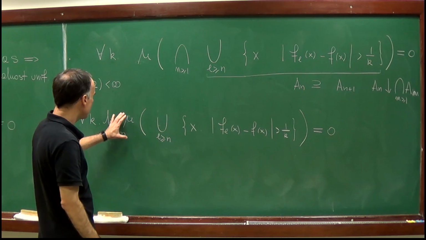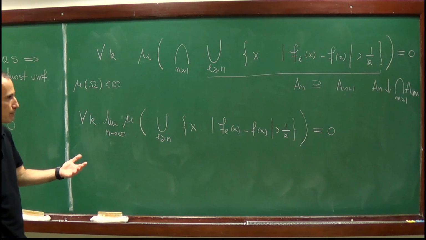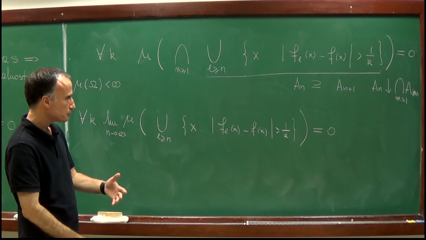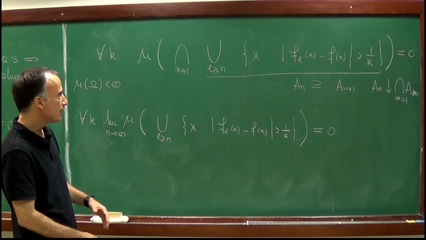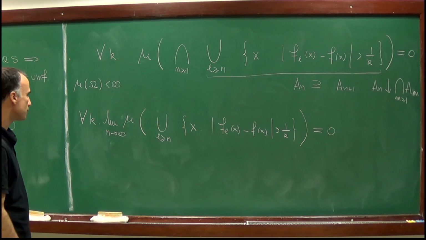Okay, now we will use this information in order to construct a set which has measure at least epsilon, and so that in the complement of this set we have uniform convergence.